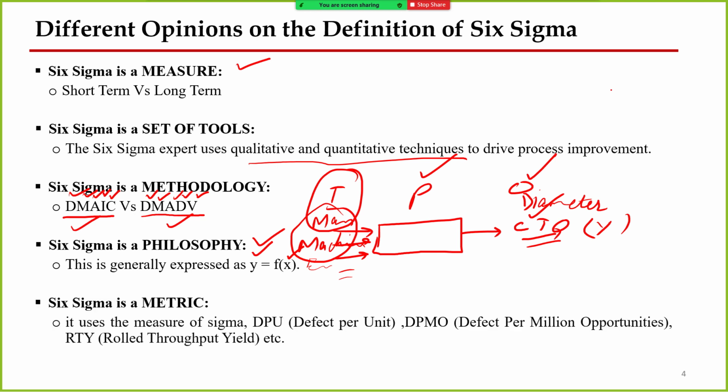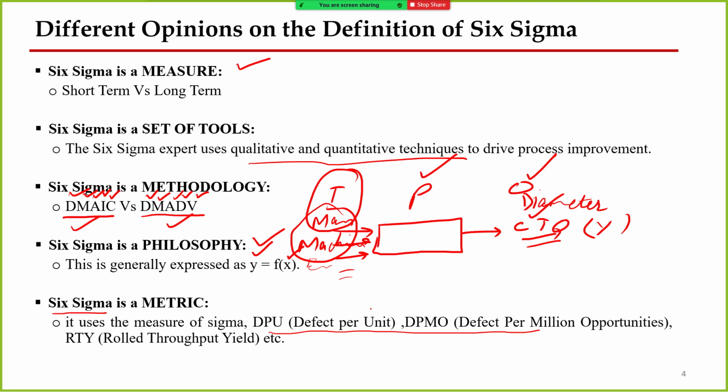And lastly, people are saying that Six Sigma is basically a set of metrics. Which means in order to quantify Six Sigma, we can quantify multiple types of metrics in order to know whether our process is working at a one Sigma level, three Sigma level, or a Six Sigma level. Okay, so we will also discuss this in detail.